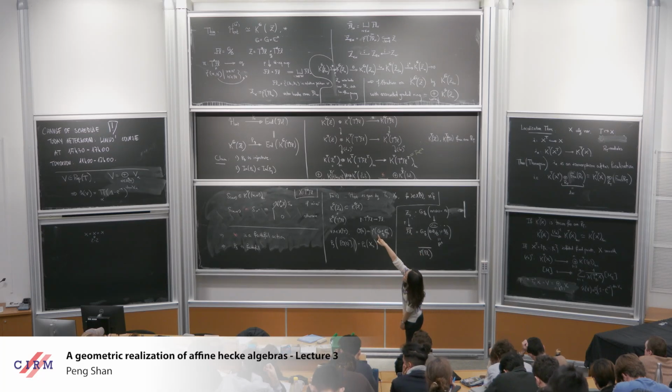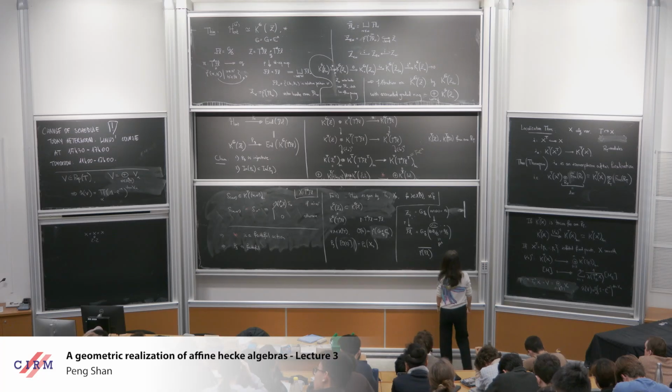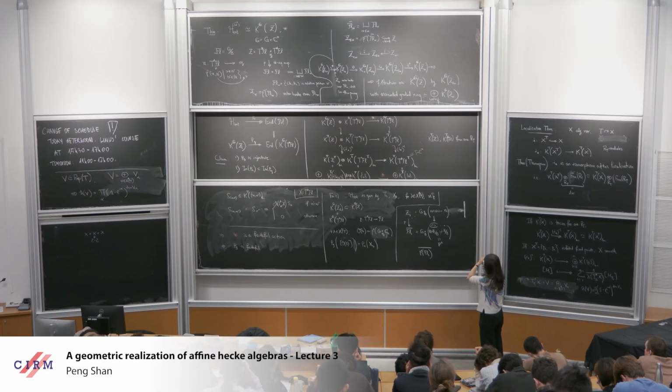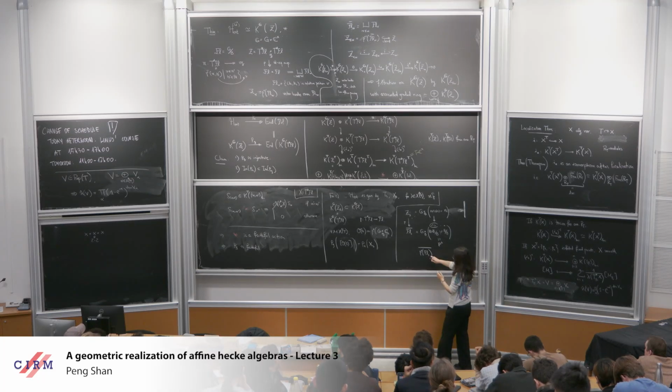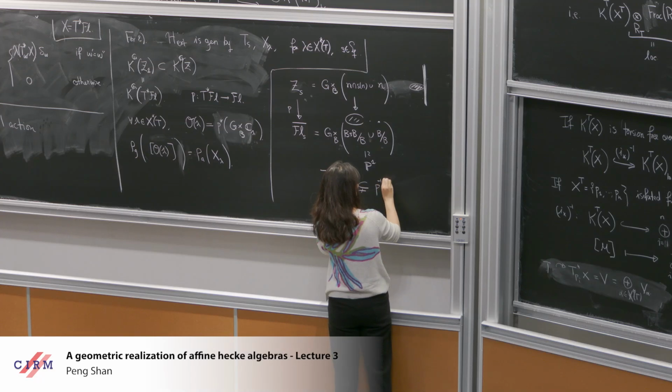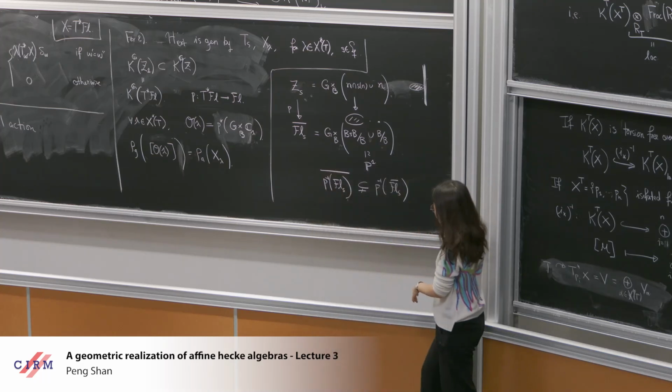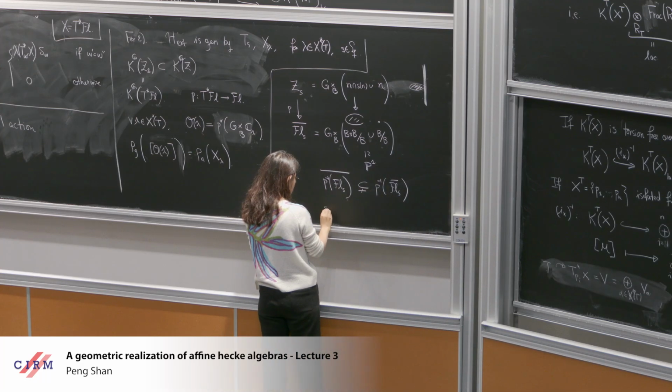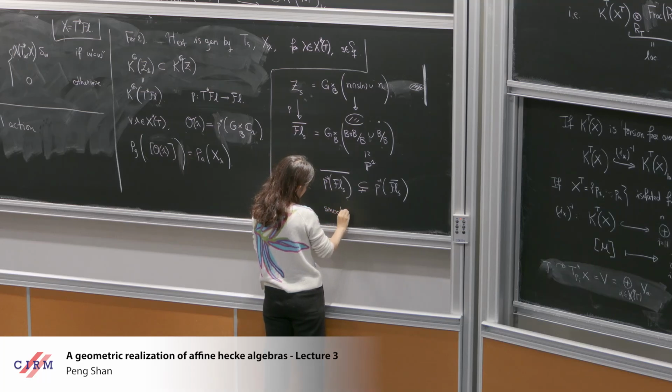My notation FLW was... So the point I want to make is that this is properly embedded into P inverse of FLS closure, but this is something smooth. That's the point.